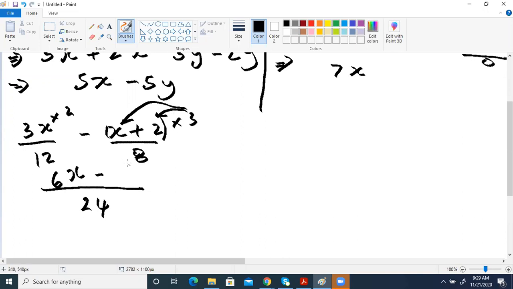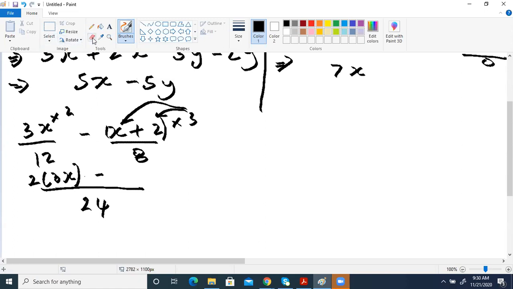Or if you want to be sure and try to prevent making any mistake, let me erase this. Let me show you what I mean. So this one here, you could have put 2 and then put the 3x.